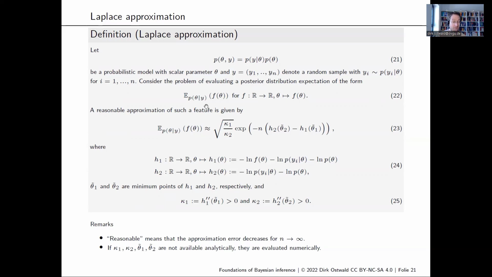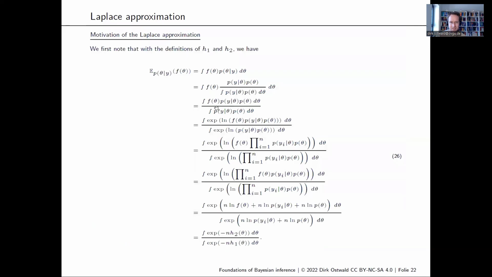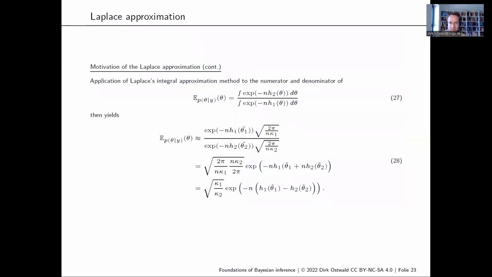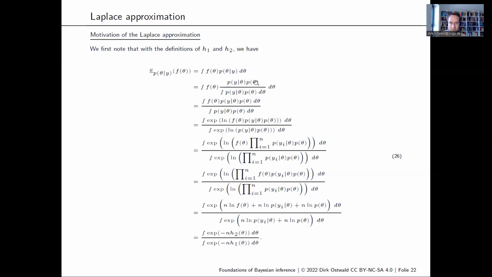And if I'm not mistaken, I wonder whether somewhere the fact is used that these things, namely this and this, are densities.